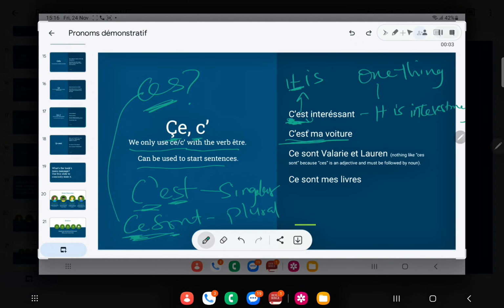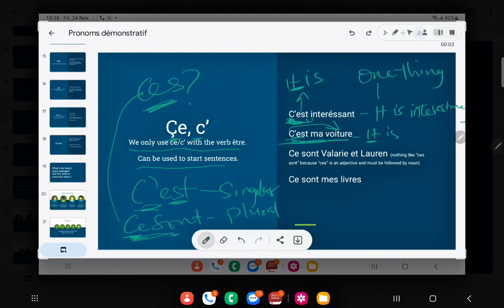C'est ma voiture. C'est means it is, as I said earlier. It is a pronoun. It is my car. C'est ma voiture. And remember that demonstrative pronoun helps us to identify with specificity what the speaker is talking about. So it here points to voiture.